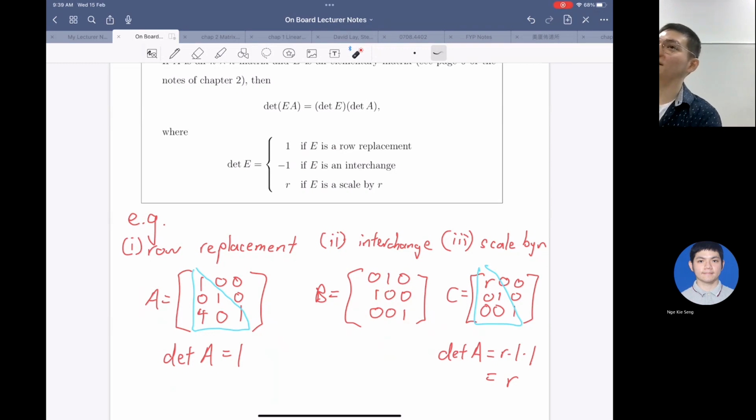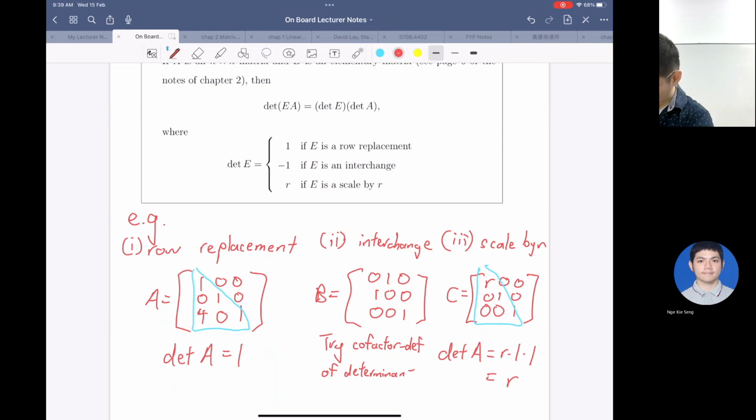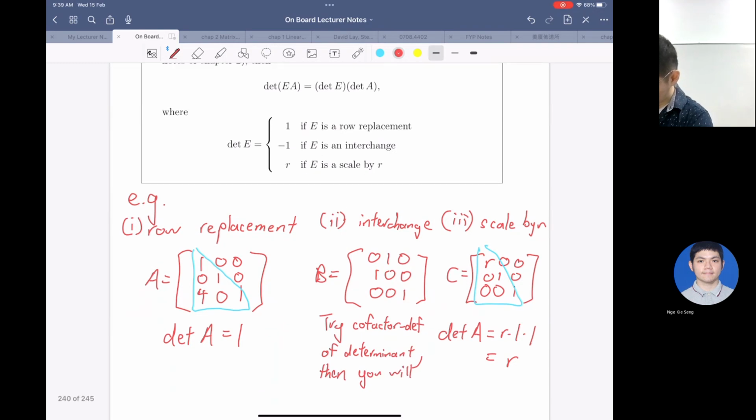Maybe not so obvious, but if you try the cofactor definition of determinant, then the determinant is minus 1.